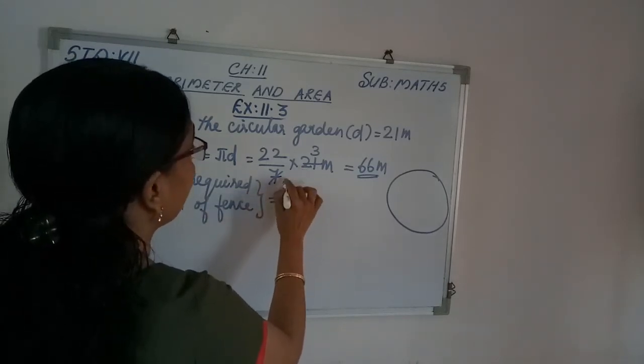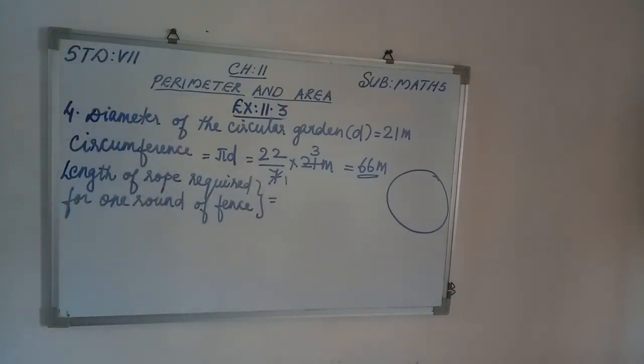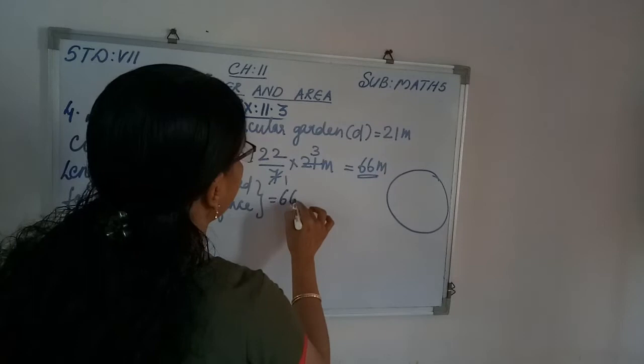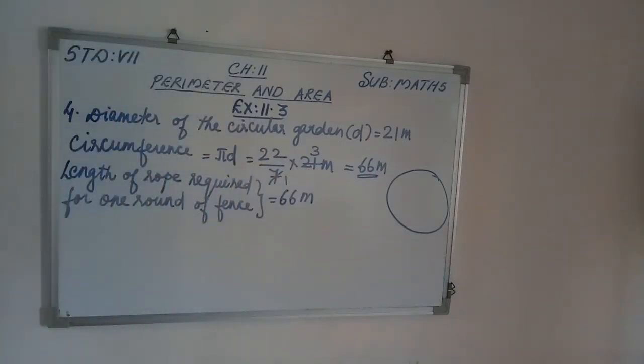That will be equal to what? That will be equal to circumference of the circular garden, and we have calculated the circumference as 66 meter. Is that clear? Therefore, length of rope required for 2 rounds of fence.